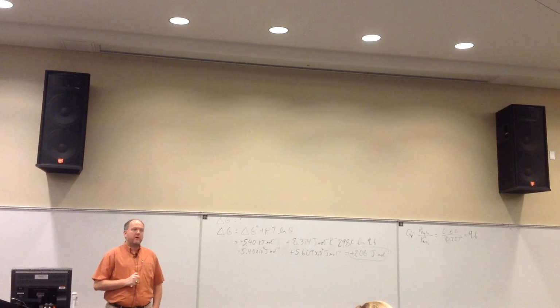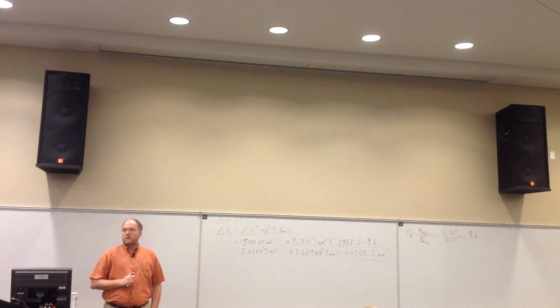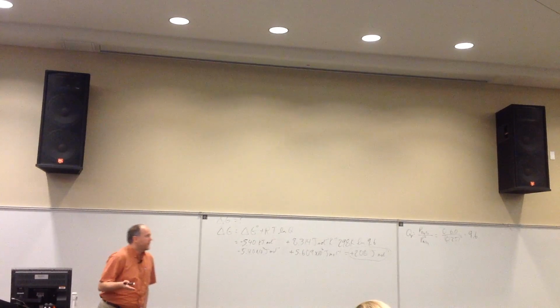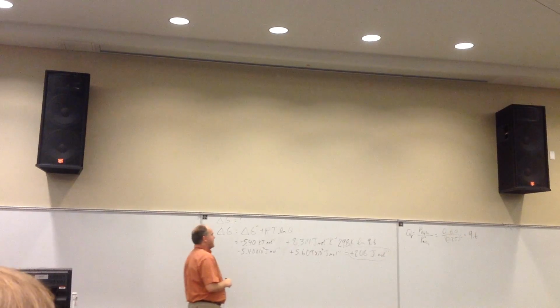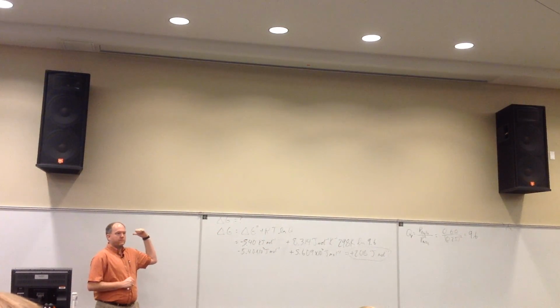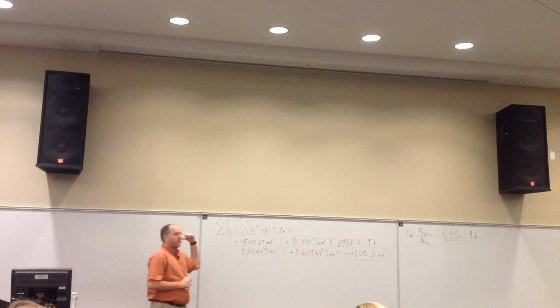Towards reactants or towards products? Or am I at equilibrium? Okay. 0 means I'm at equilibrium. I'm not at equilibrium. Since delta G is positive, I'm going to shift towards reactants.